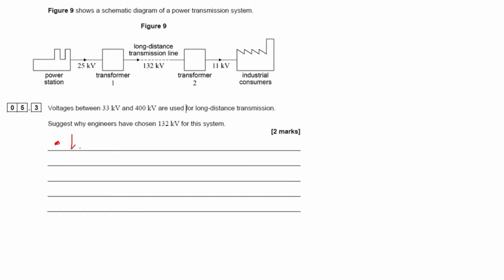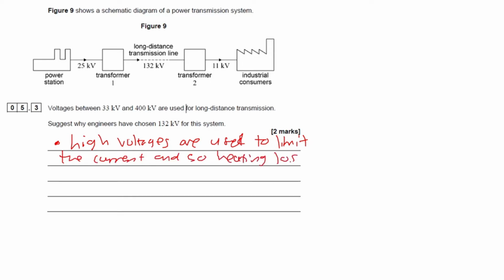So high voltages are used to limit the current, and so heating loss in wires. Okay, so the larger the current in wires, the more loss due to resistive heating.